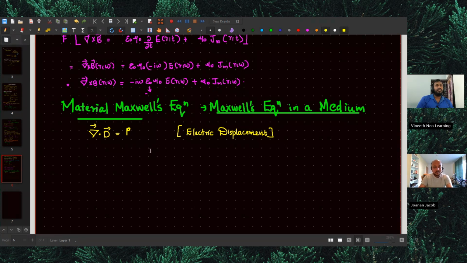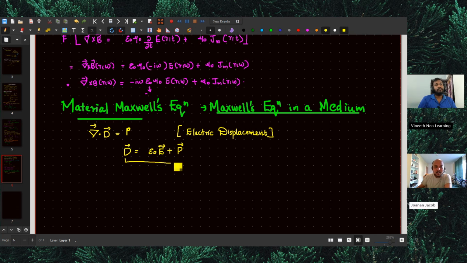D is equal to epsilon 0 E plus polarization. For free space there are no materials, so the polarization will be 0. So what is this D?